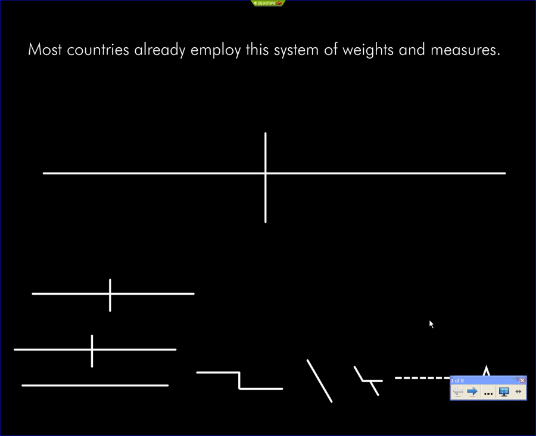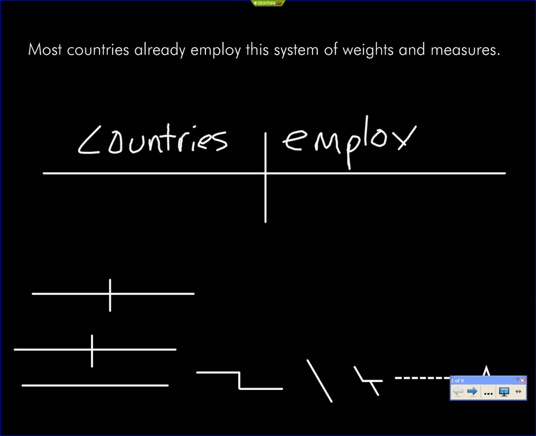And in this, on the left side of the baseline goes the simple subject. On the right side of the baseline goes the simple predicate. That's it.